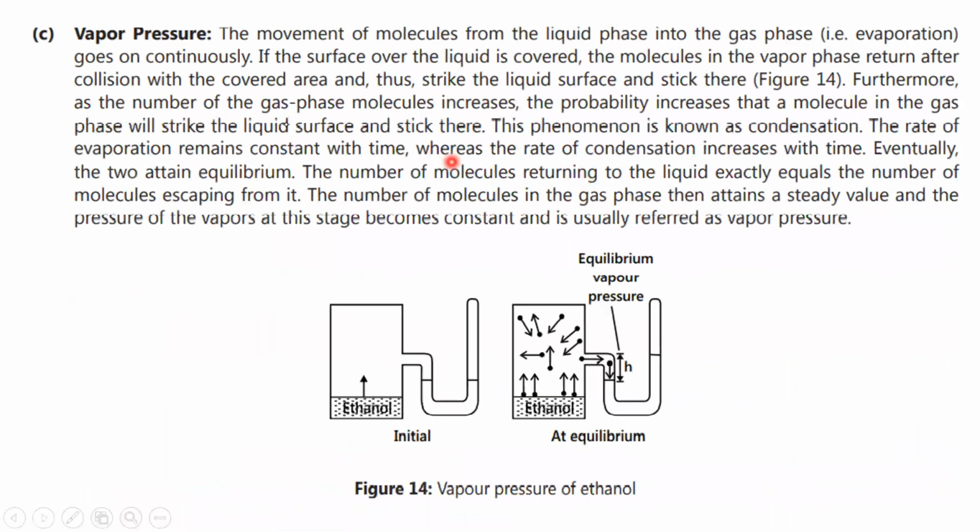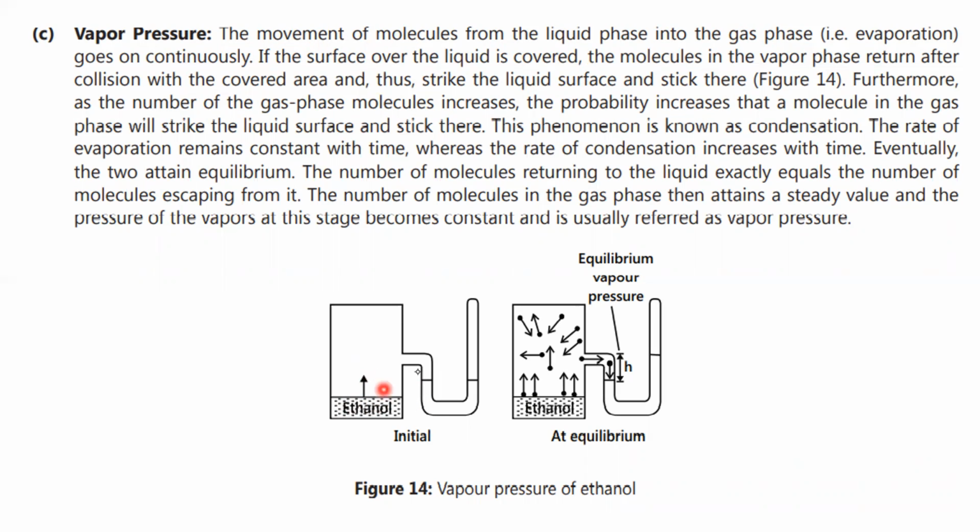The next important topic is vapor pressure. The movement of molecules from the liquid phase into the gaseous phase, evaporation, goes on continuously. Molecules in the vapor phase return after collision and strike the liquid surface and stick there.